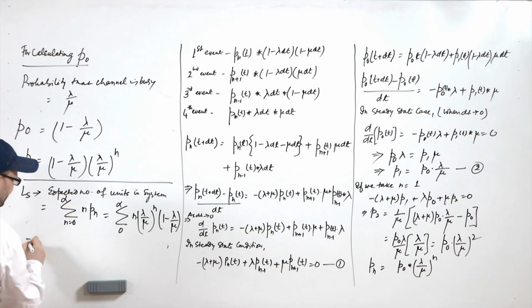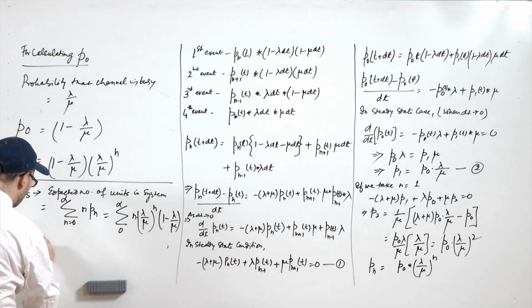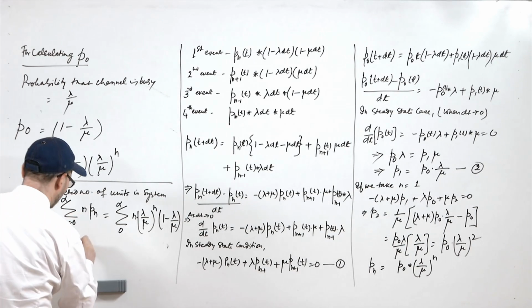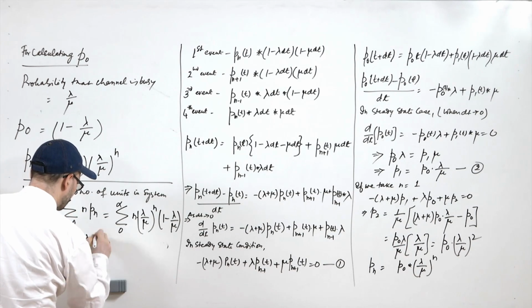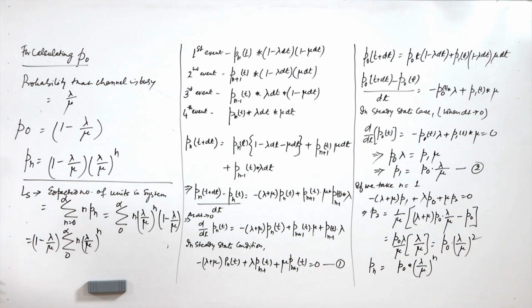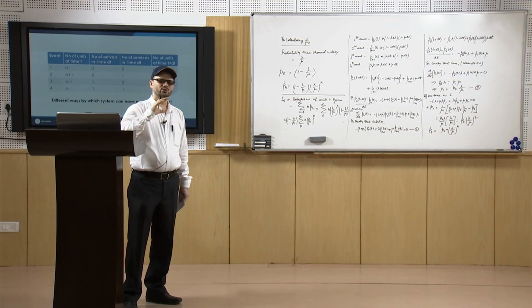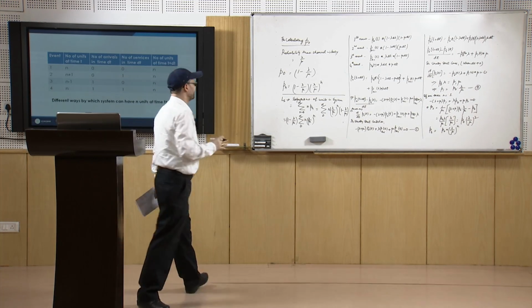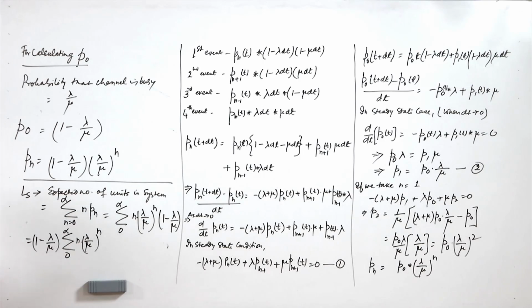You can further write it as 1 minus lambda by mu, which is a constant, so it will come out, and summation of 0 to infinity n into lambda by mu raised to the power n. So, it is an infinite series, and once you do the computation for this series, if a is something, then it is a by 1 minus a whole square, where a is lambda by mu. So, it will be a by 1 minus a whole square.